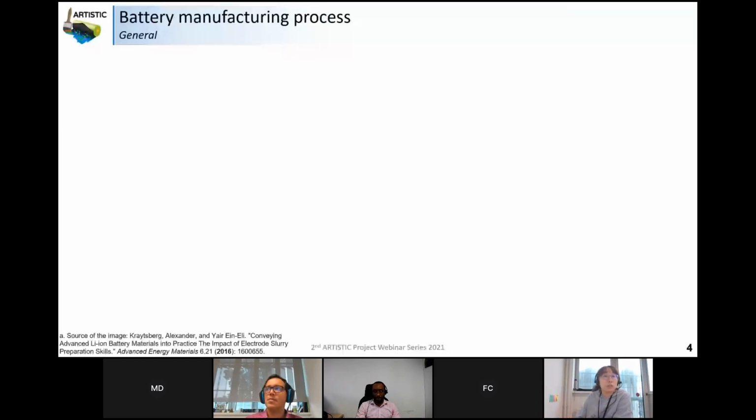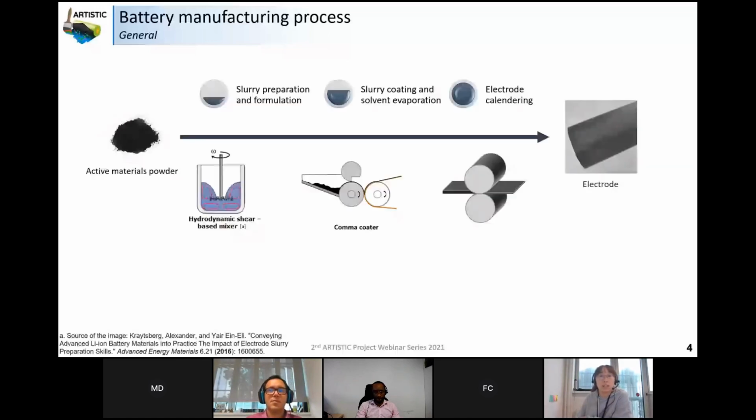In our laboratory, from the active material powder to the electrode applied in a lithium-ion battery, there are three main steps: slurry preparation, slurry coating and solvent evaporation, and electrode calendering. All of these three steps can influence the electrode microstructure. In order to optimize the electrode, we need to adjust the formulation of the slurry.